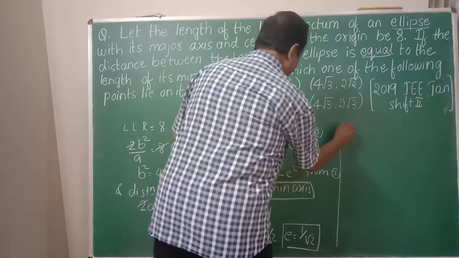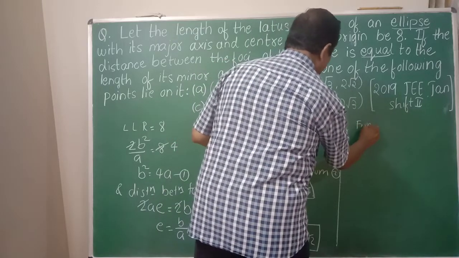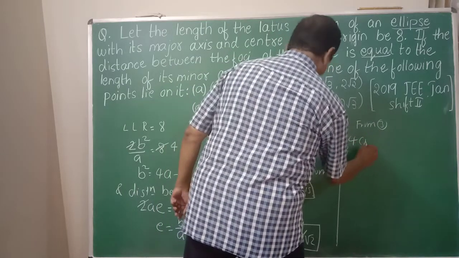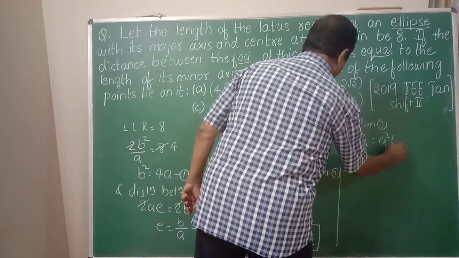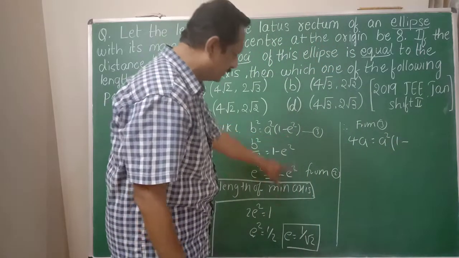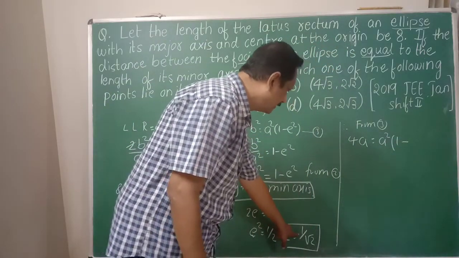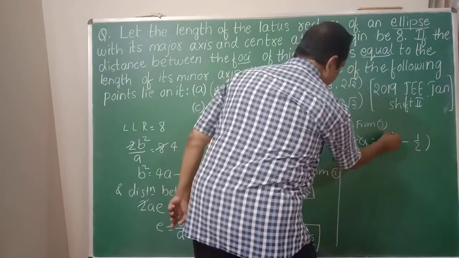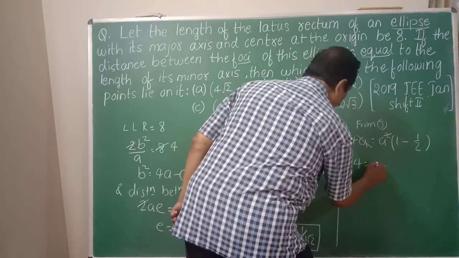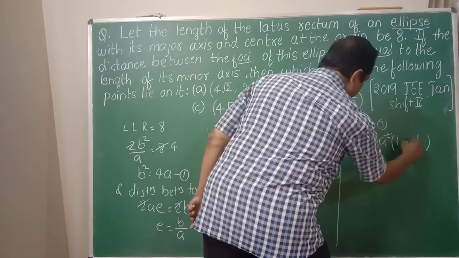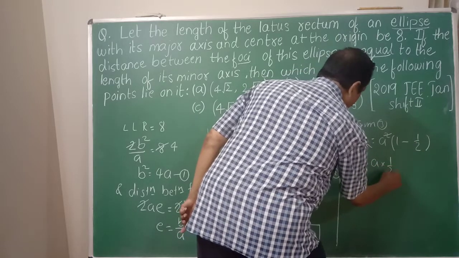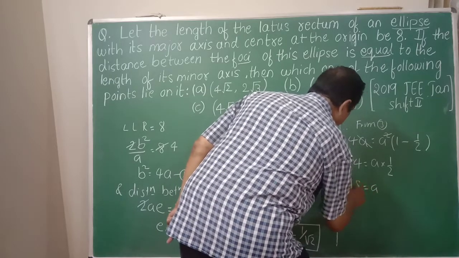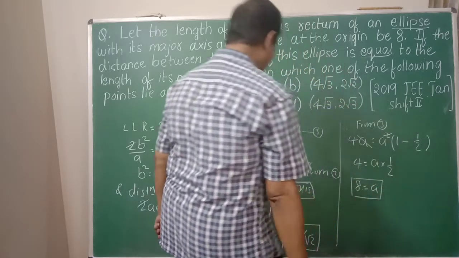From 3, b² is 4a, so 4a is equal to a² times (1 minus e²). e² is 1/2, so it becomes 1 minus 1/2, which is 1/2. Therefore 4 is equal to a into 1/2. Take it to this side, so a is equal to 8.